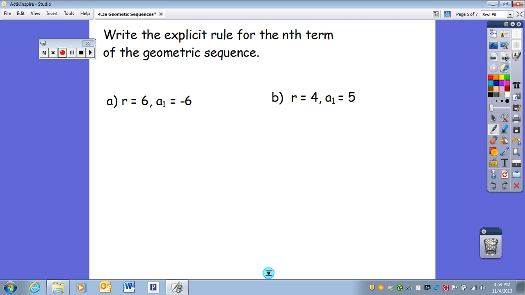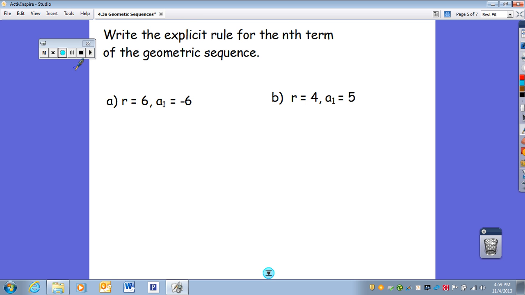Let's take a look at some examples of writing the explicit rule for the nth term of the geometric sequence. In order to write the rule, what we do is we have our a sub n, and that is going to be our first term, negative 6, and the reason I put it in parentheses is so the negative stays attached to the 6.